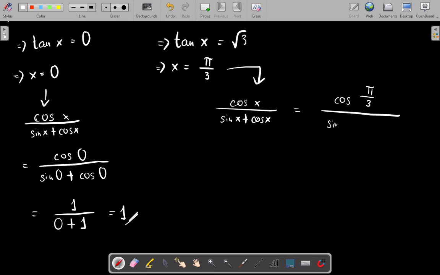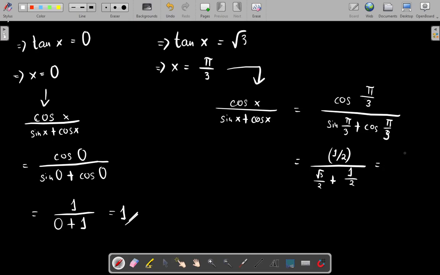This gives us cos pi by 3 upon sin pi by 3 plus cos pi by 3. Cos pi by 3 is half, so we have half in the numerator, and in the denominator we have root 3 by 2 for sin pi by 3, and cos pi by 3 is half again.